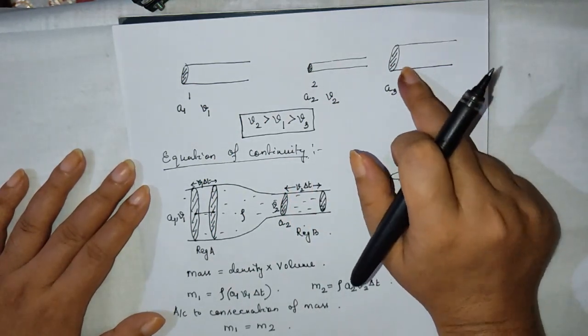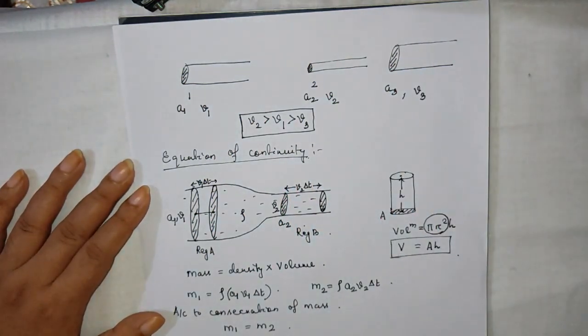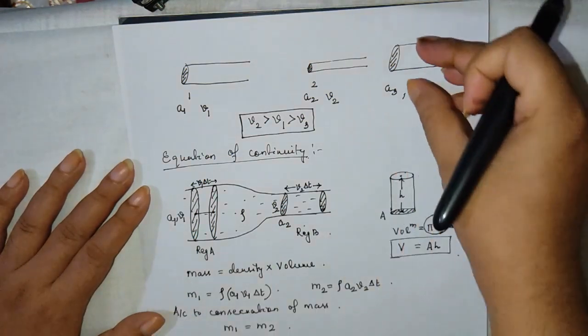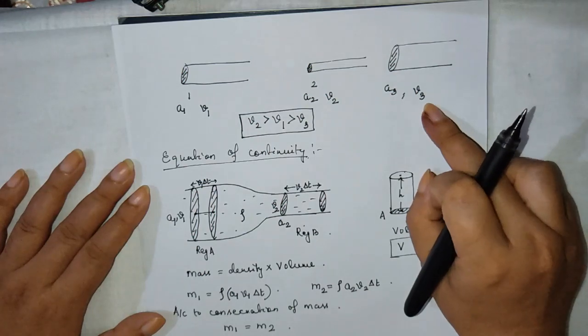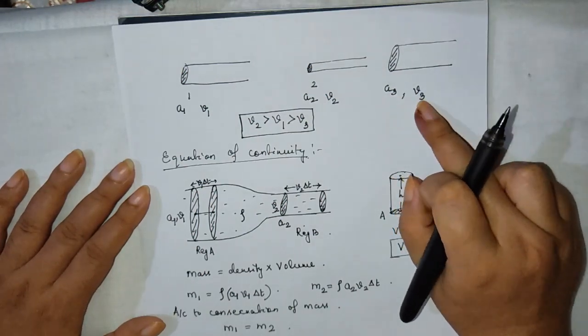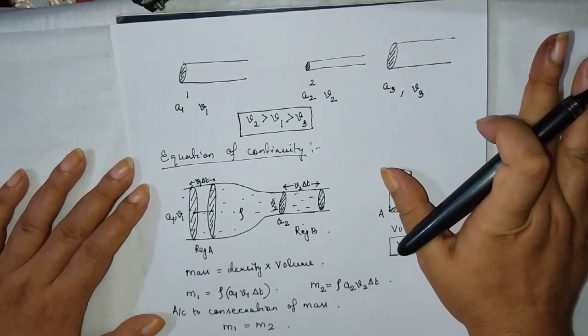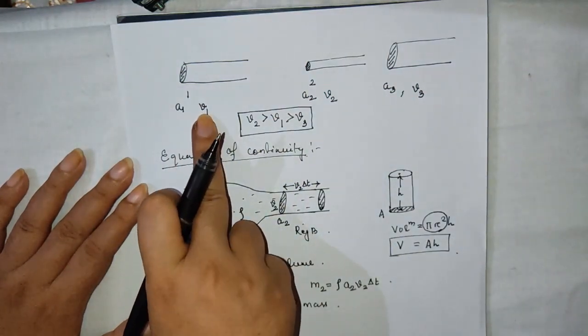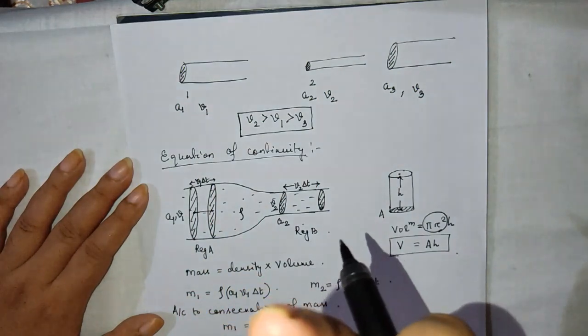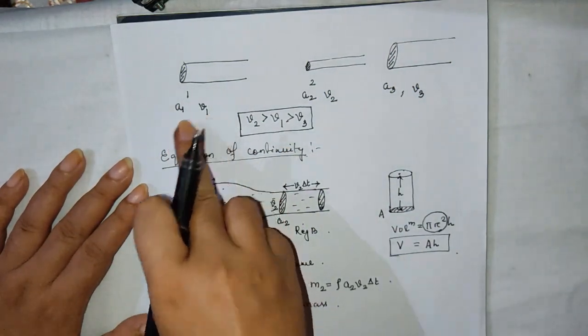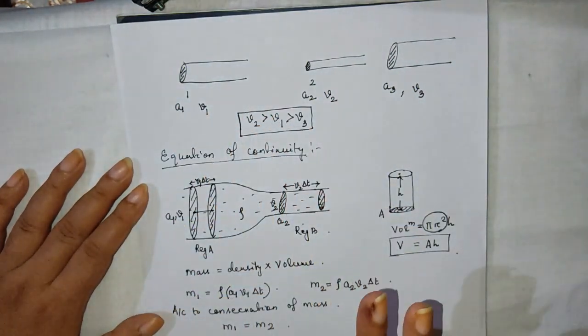Similarly, in a broader pipe that we have seen in the video, if the area of cross-section increases, the velocity decreases such that the product of A3 and V3 will remain constant, which should be equal to A1 V1, which is nothing but the product of A1 V1 of the initial original pipe.